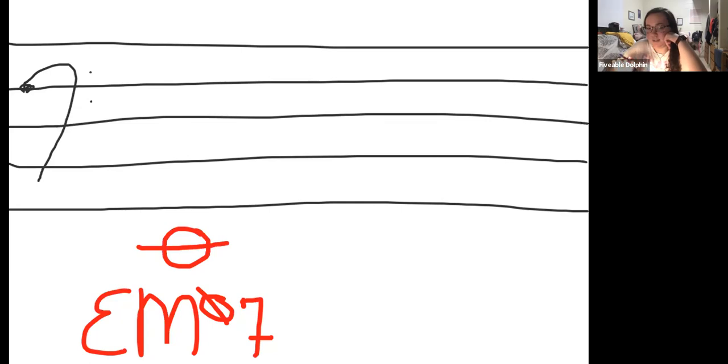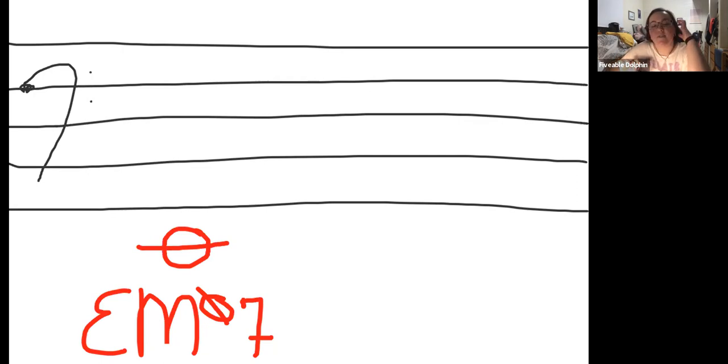You guys look both busy at work, so I'm assuming you're trying to figure out what this is. Don't forget, we're in the key of E major here, so think about that when you're making it half diminished.